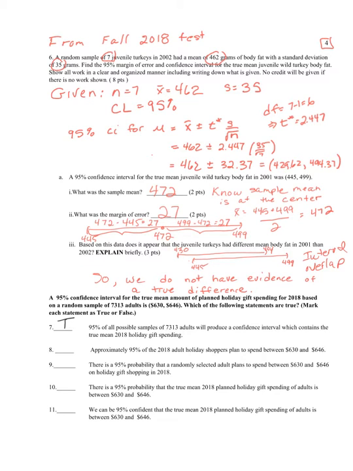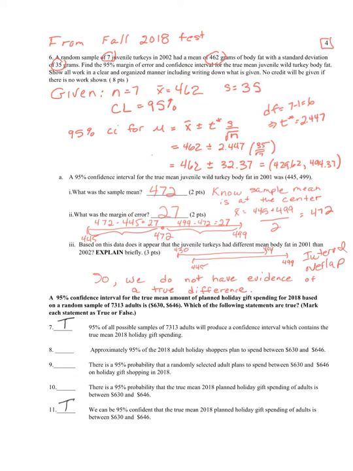And skipping down to number 11, which says we can be 95% confident that the true mean is in that interval. Yes. So this is the correct interpretation of a confidence interval. So by definition, this is true.